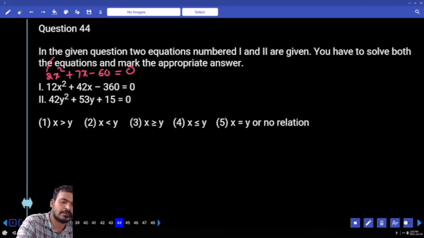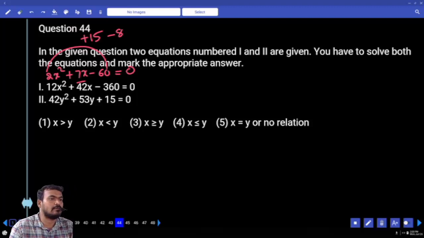What is the first one product? Minus 120. But sum is how much? Plus 7. Then one will be written plus 15. Another one is minus 8. 15 8 how much? 120. 15 and 8 difference? 7. What is the coefficient of x square? 2. What is the coefficient of y square? 42. What is the LCM?